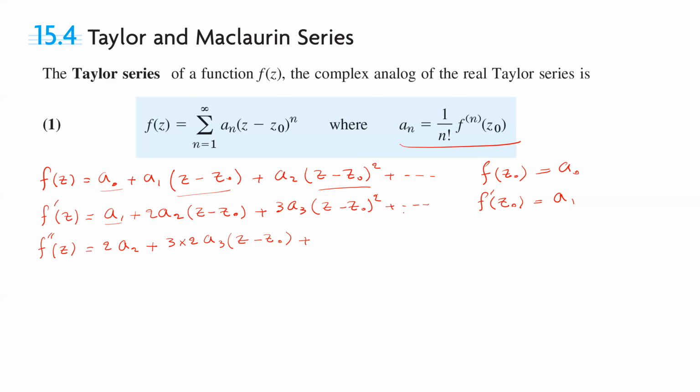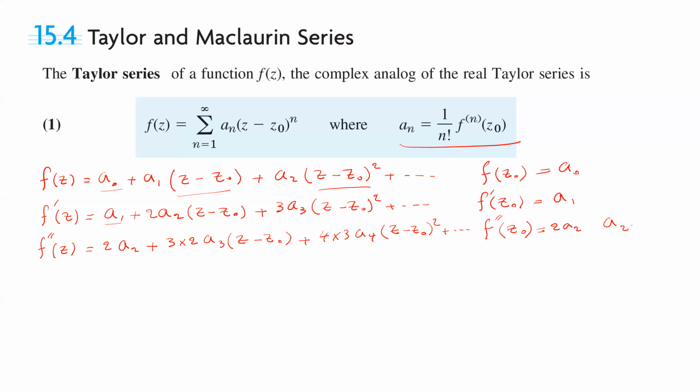Plus the next one would be 4 times 3, a4 times (z minus z naught) squared, and so forth. If you now put z equal to z naught, meaning the double derivative evaluated at z naught, you get 2a2.